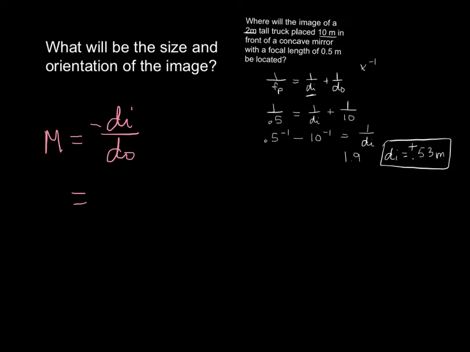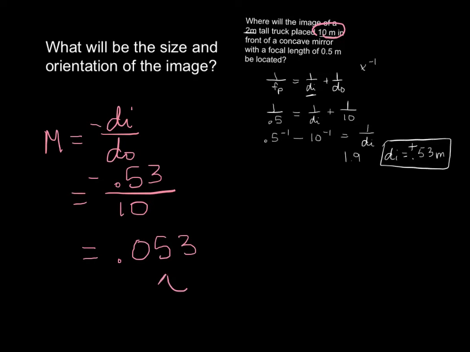Our di is 0.53, and our do was 10 meters, so that's going to give us a magnification of 0.053. Since this is less than 1, it's smaller, it's reduced.